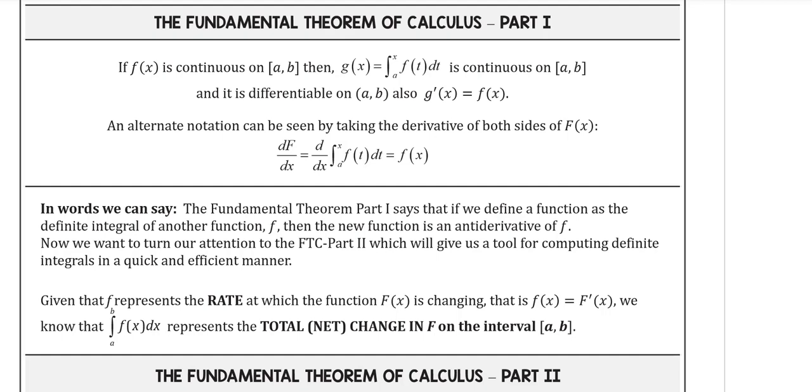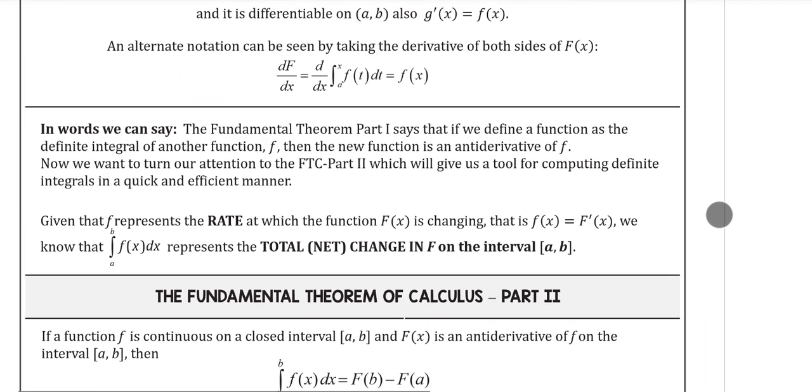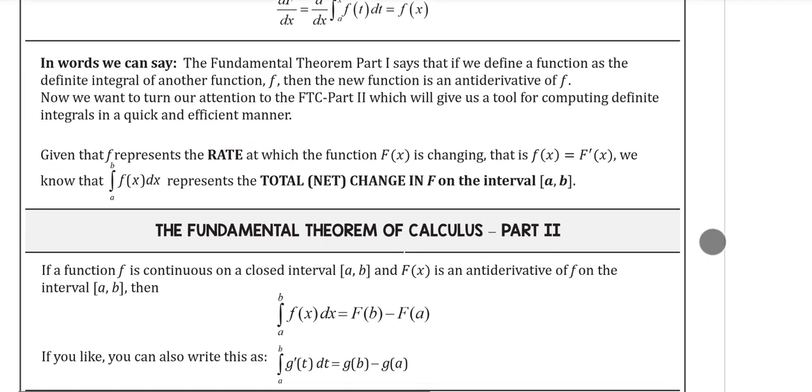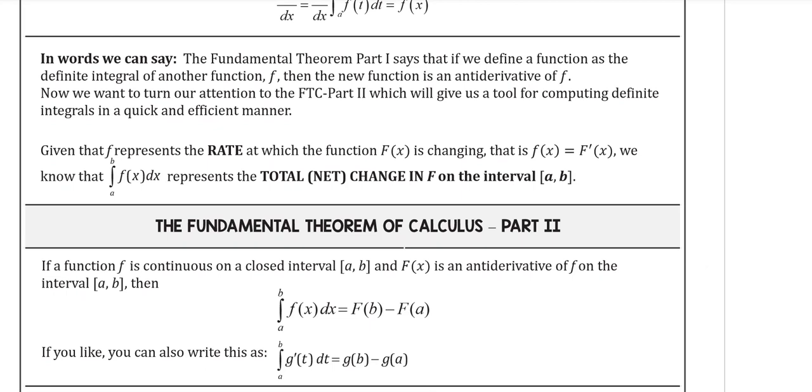We also saw how we can use the Leibniz notation, d/dx, to get our f of x. So what we're saying is that we're defining a new function as a definite integral of another function f.